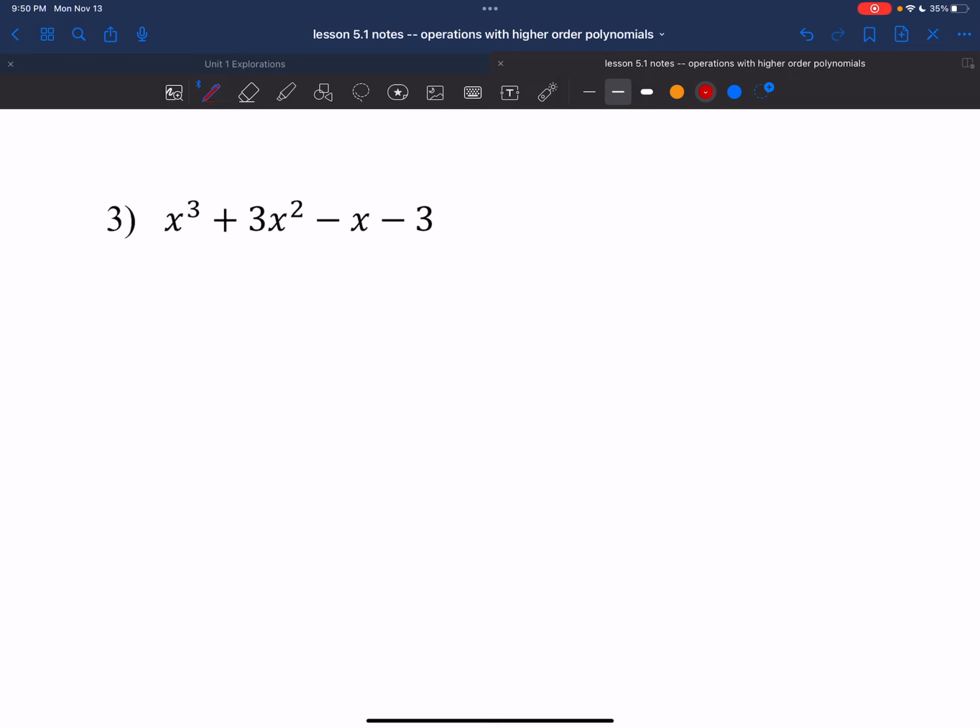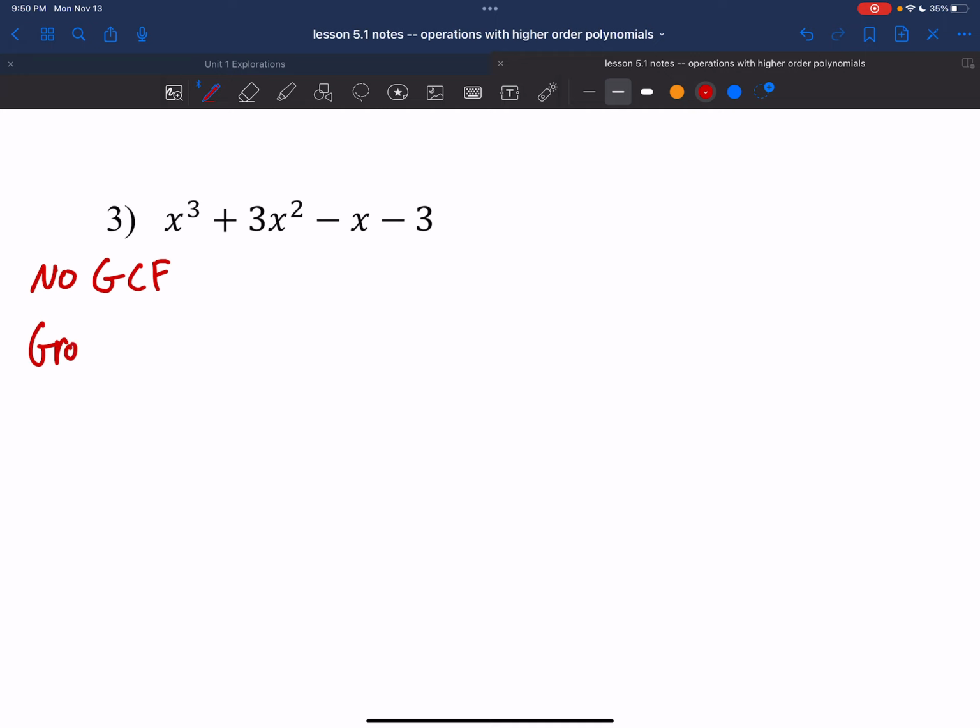Hey, look, the second you see a quadrinomial, meaning 4 terms, 1, 2, 3, 4, try grouping, okay? I mean, also look for GCF first, but there's no GCF here. So let's try grouping because it's 4 terms.